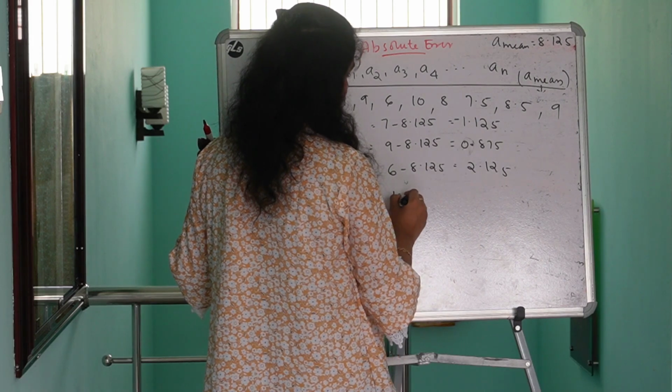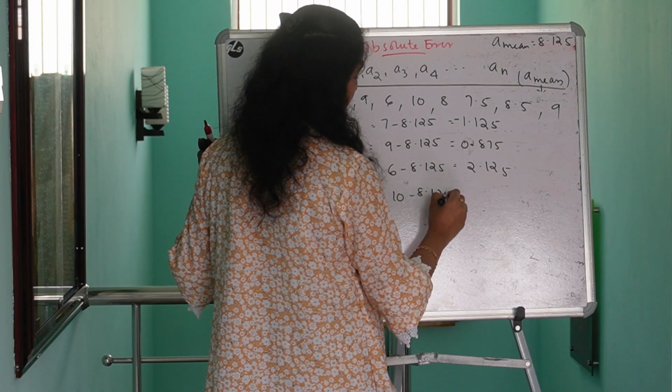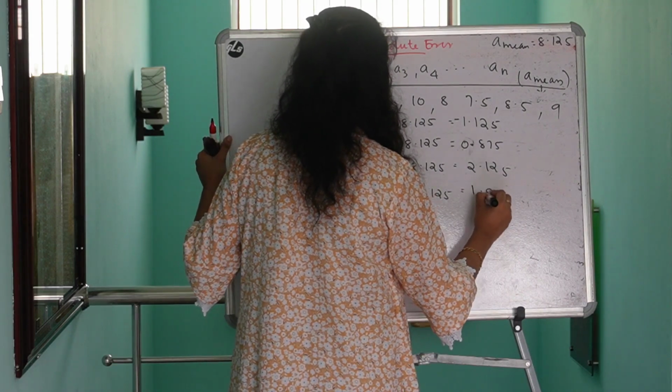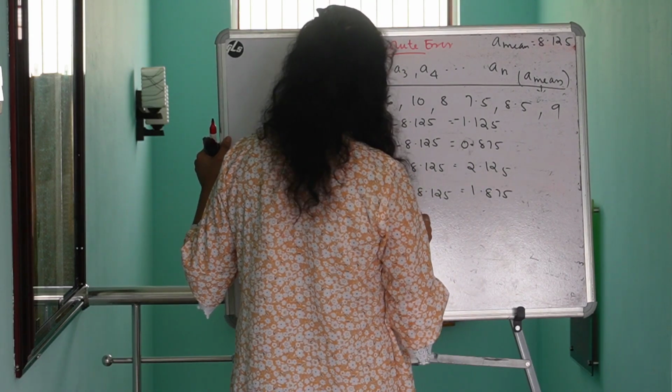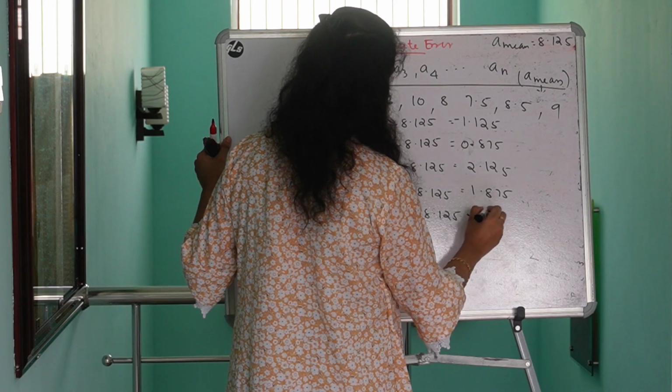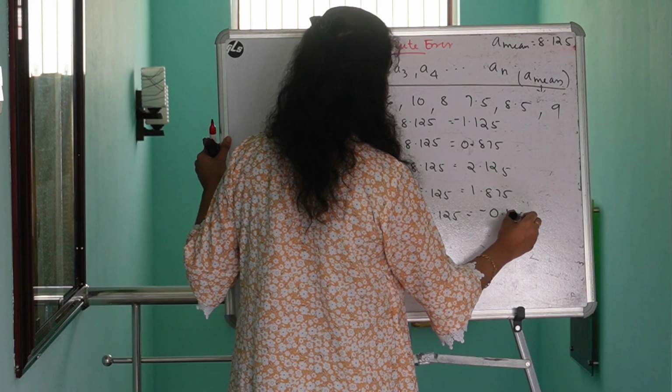The next value is 10. So 10 minus 8.125 is equal to 1.875. Again we got the value as 8. 8 minus 8.125 is equal to minus 0.125.